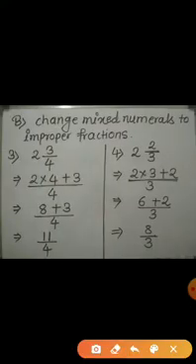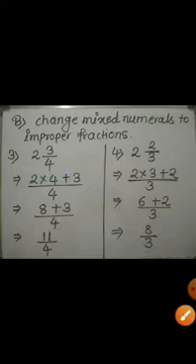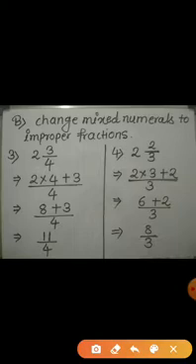Let us see some more example. Here the mixed numeral is 2 and 3 upon 4. Now to change this mixed numeral to improper fraction, first we multiply the whole number and denominator, and then we add numerator to it, and we keep the denominator as it is. So here you can see I have written 2 into 4 plus 3 upon 4.